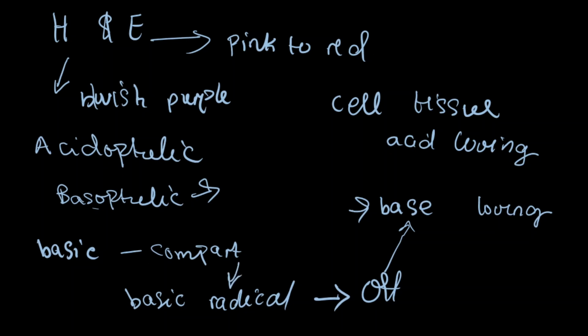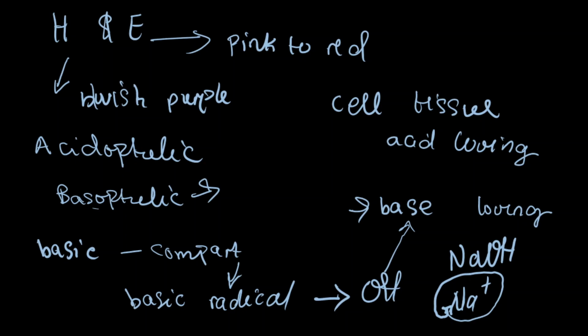Now, of course, we know that if we have a typical base, take for instance NaOH, the basic radical is Na, which is sodium ion, and it's a positively charged ion. Now this tells us a bit of information about the tissue component.